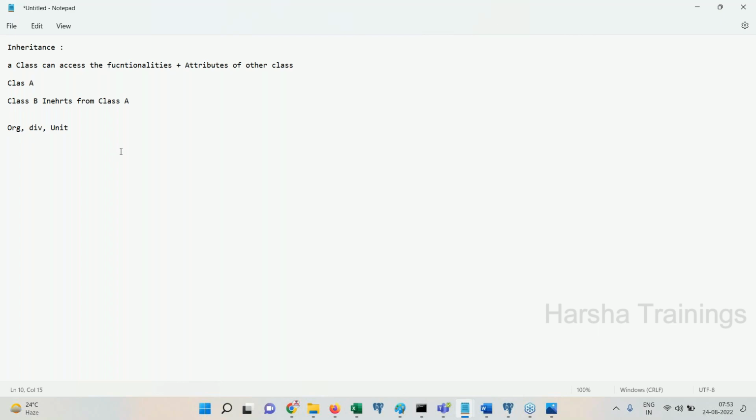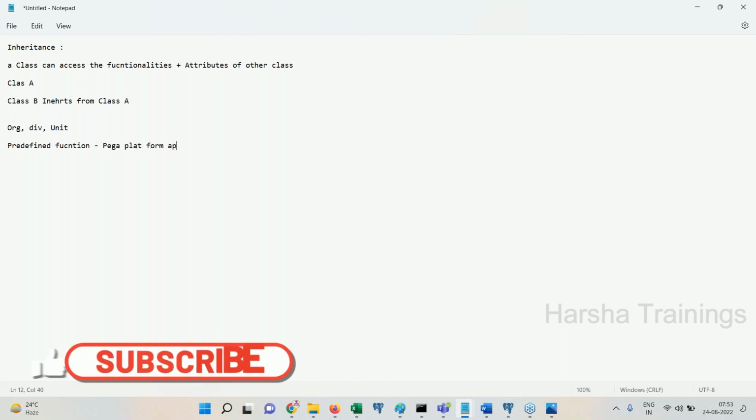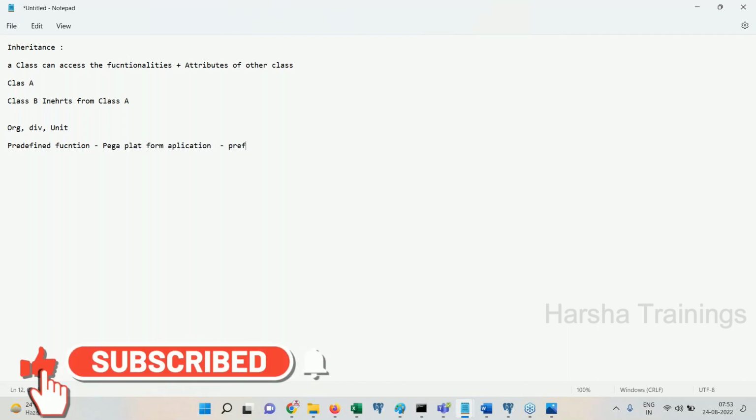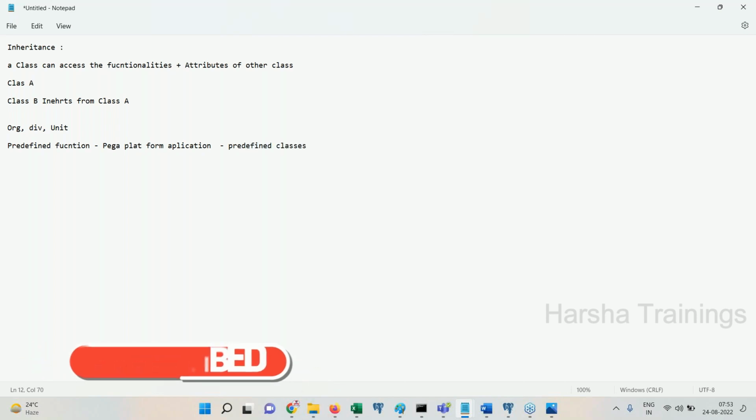And I have already told you about predefined functionalities. Predefined functionalities will be there in the Pega platform application in predefined classes, correct? How do I access Pega platform application classes' functionalities in my application classes? That is the necessity, right? Why are we purchasing the Pega product?